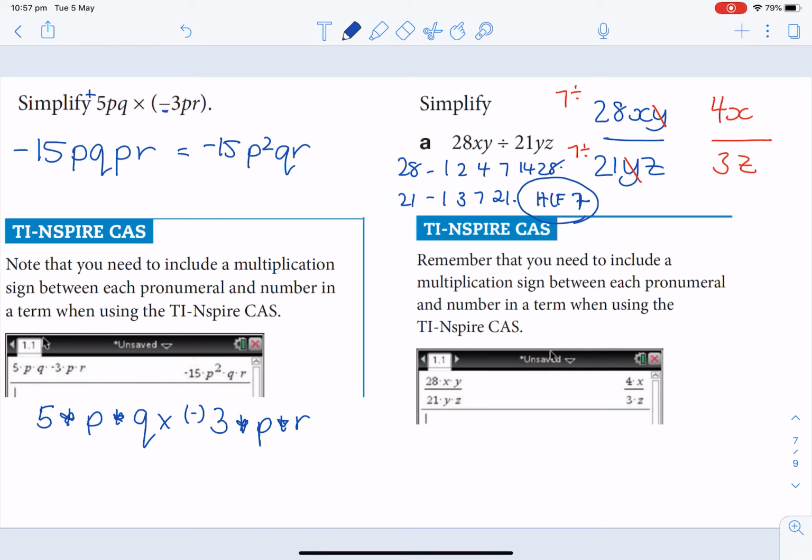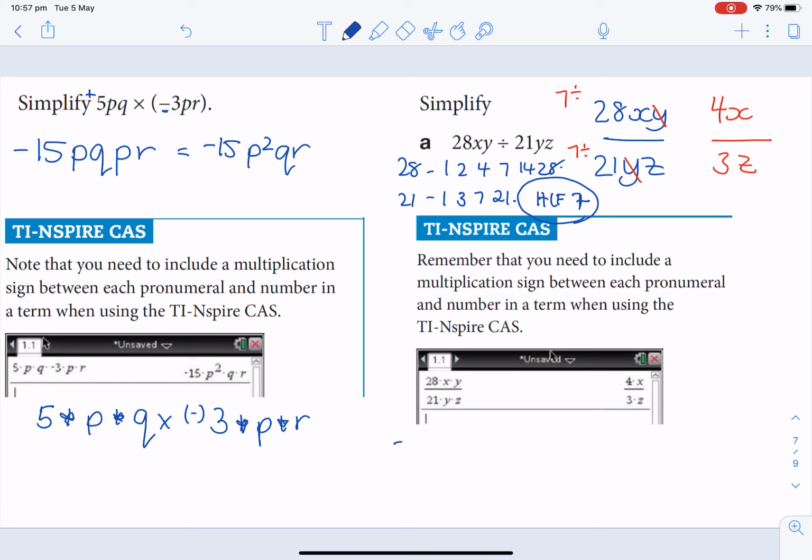Or, if you choose to use the divided by sign, you need to use brackets. Because if you don't use brackets, it will not recognise that entire term. Following the BODMAS rule, it will do the division of the number, then it would multiply by the pronumerals rather than continuing to divide by them.